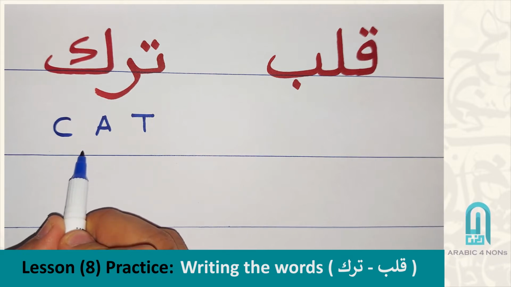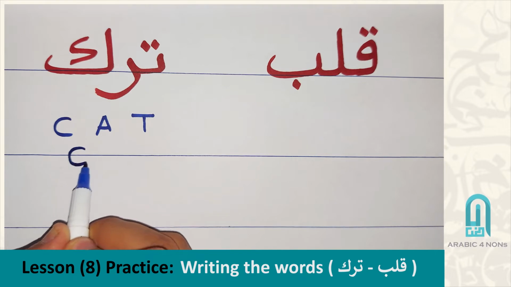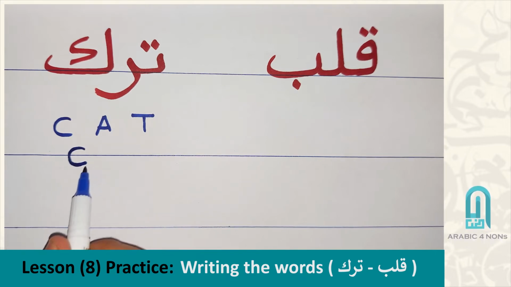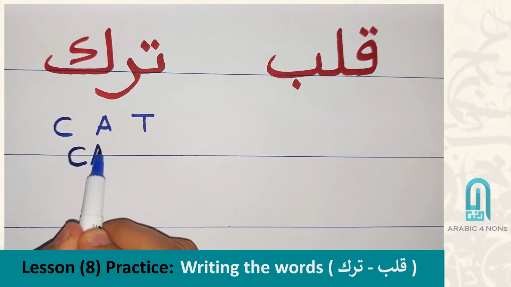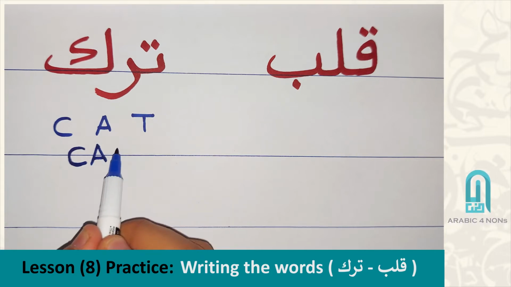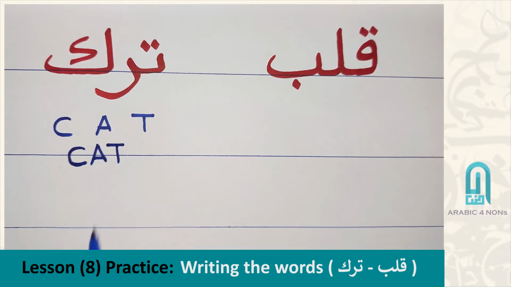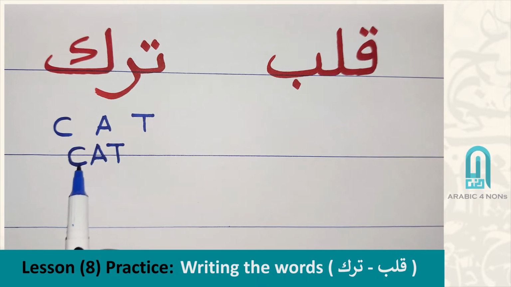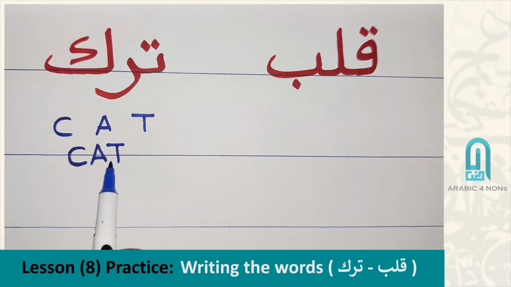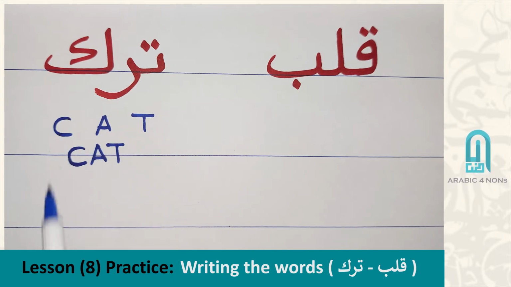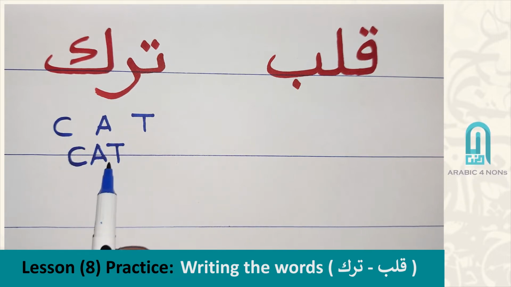So letter C comes first, then we leave a small gap, letter A comes second, and lastly letter T. And as you can see, the shapes of the letters within the word are the same as the original shapes, and we always have gaps in between the letters.